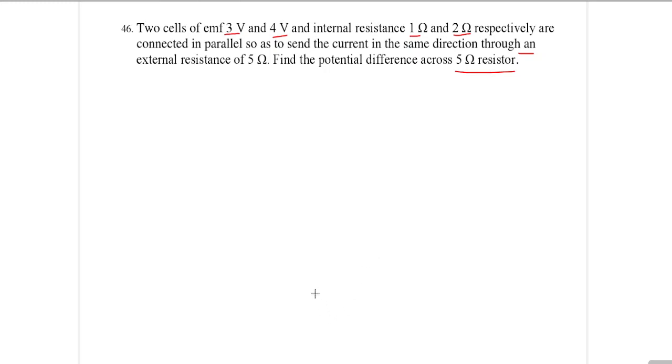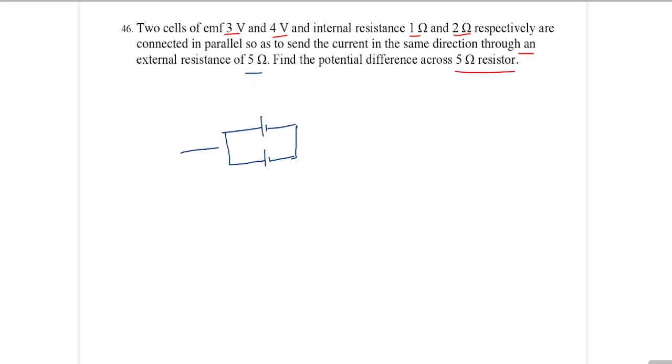So what is given is there are two cells and these cells are connected in parallel. So first let's draw the two cells, a cell like this and a cell like this, and these two are in parallel. Across this combination we have an external resistor of value 5 ohm.